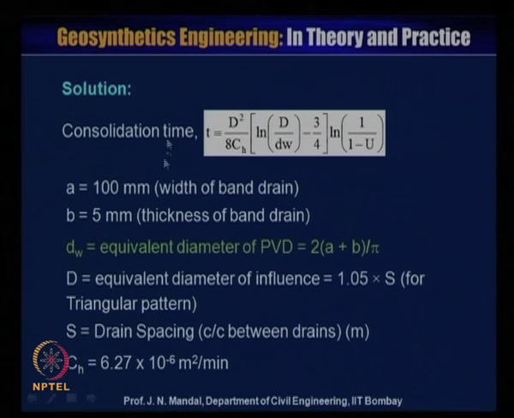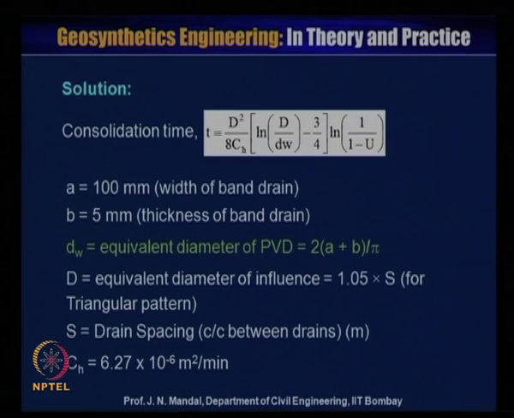We know consolidation time t is equal to D square by 8 CH into [ln(D/dw) minus 3/4] into ln(1/(1-U)). We know that the size of the prefabricated drain, that is a, is 100 millimeter, the width of the band drain, and b is 5 millimeter, the thickness of the band drain, and dw is the equivalent diameter of the PVD, that is 2 into (a plus b) divided by pi, means circumference by pi. So, you know a and b, so you can calculate dw.